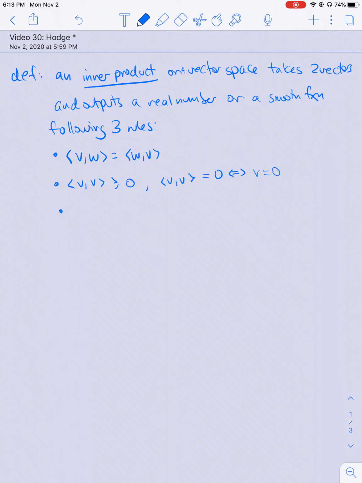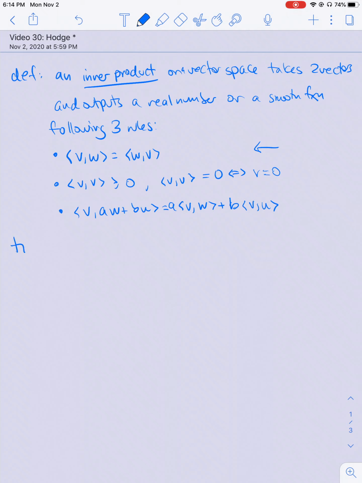And it has to be bilinear. So if I have a linear combination, I can just pull the linear combination out of the inner product, and this will work in either entry using the symmetric property, the first property. Okay, so how does this relate to differential forms?